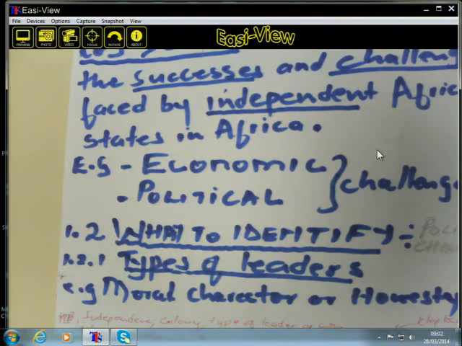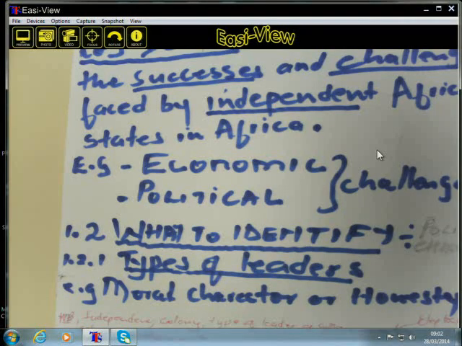Remember that one. Types of leadership. What type of leadership after independence did Congo have, as well as Tanzania? Secondly, we must talk about the types of governance that we had in both countries.